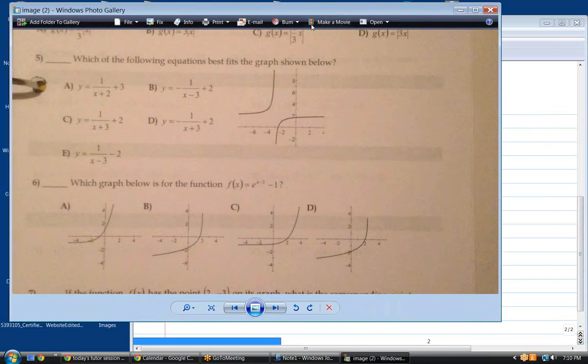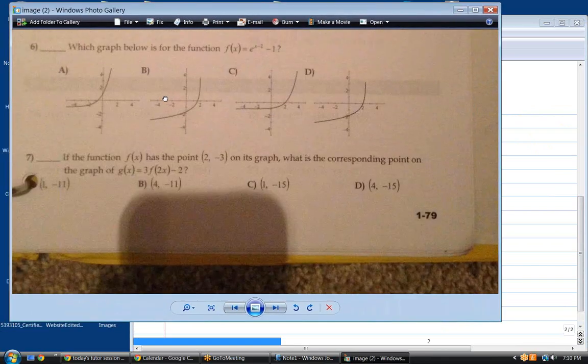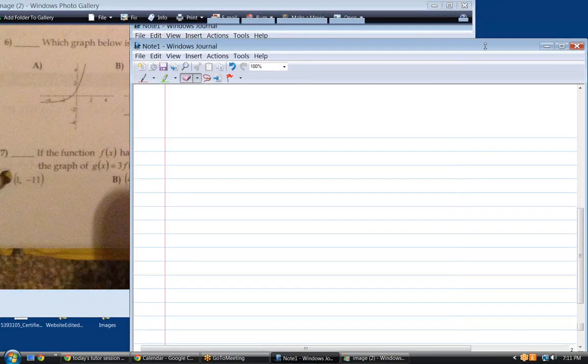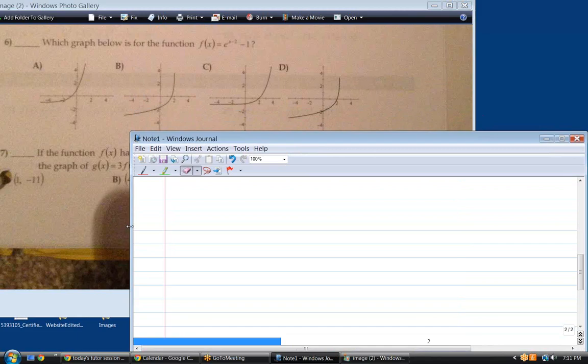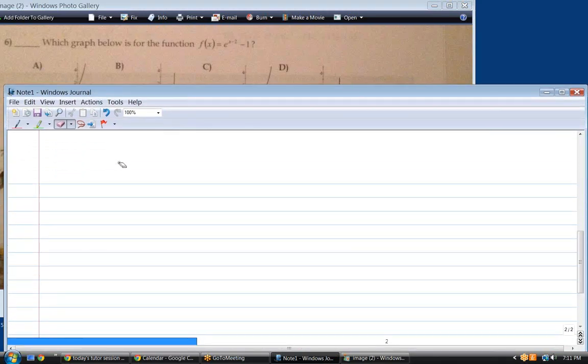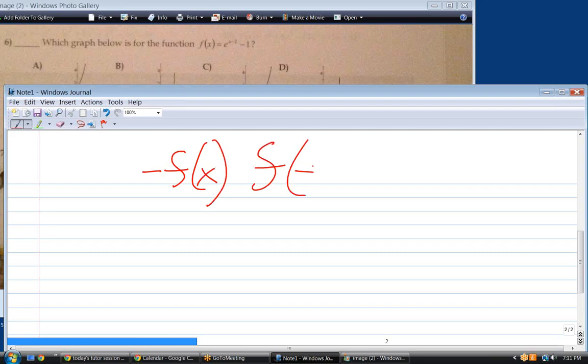All right. Let's look at 6. Now, with the e to the x function, that's a great function for illustrating both minus f of x and f of minus x.